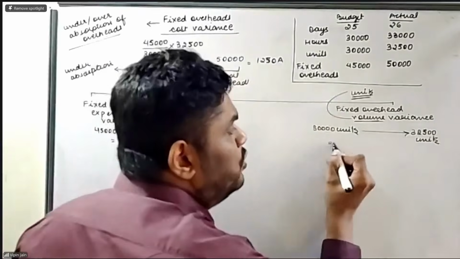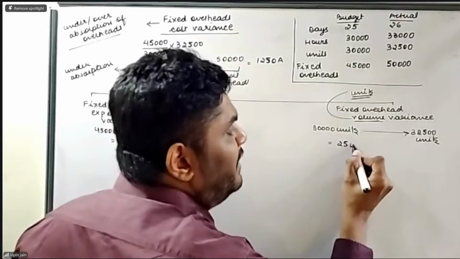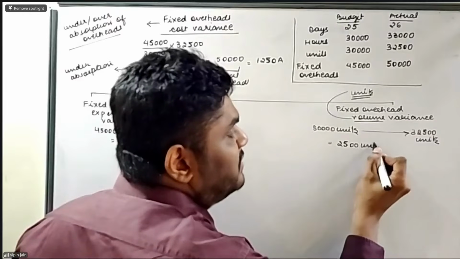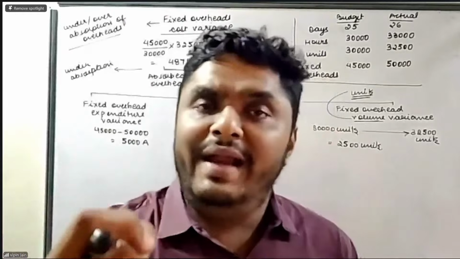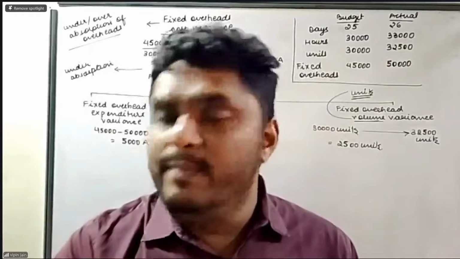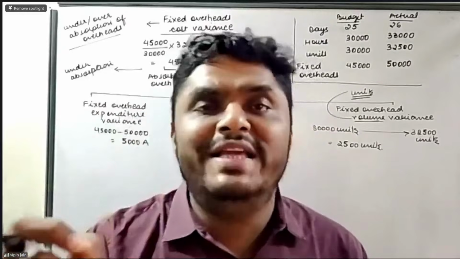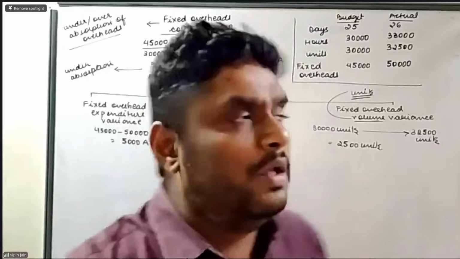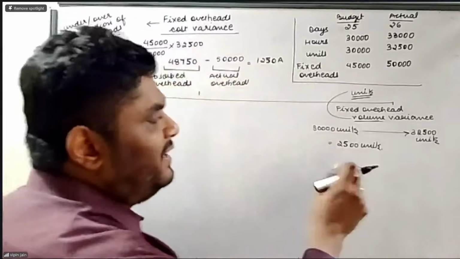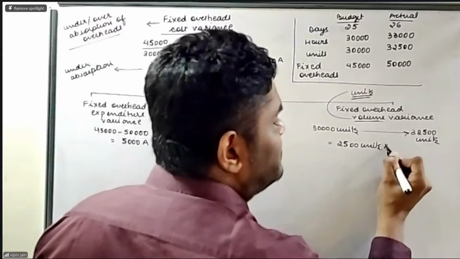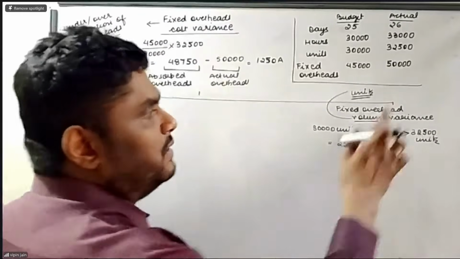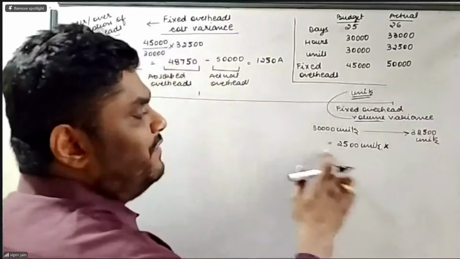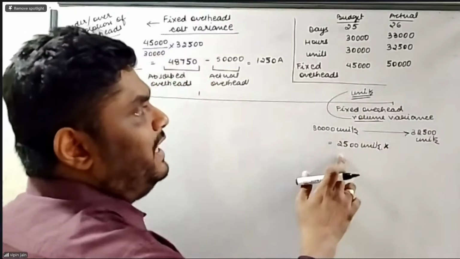That is 2,500 units extra we manufactured. So it's a very good sign for the company. And since we have to express all these variances in monetary form, we have to apply the budgeted rate to calculate the variance. Now see, this is 2,500 units, so we'll apply the rate per unit.